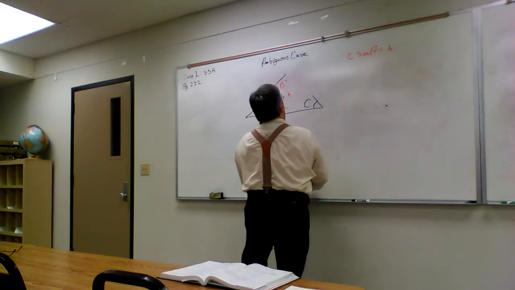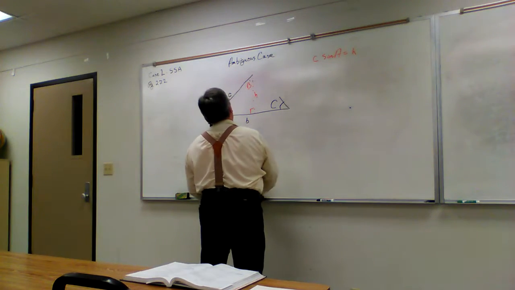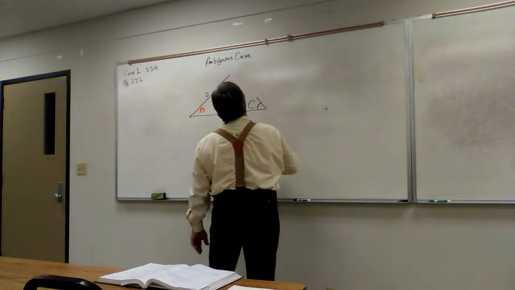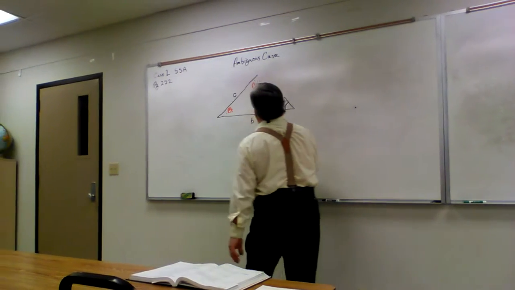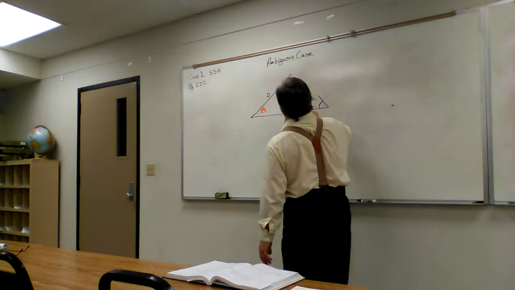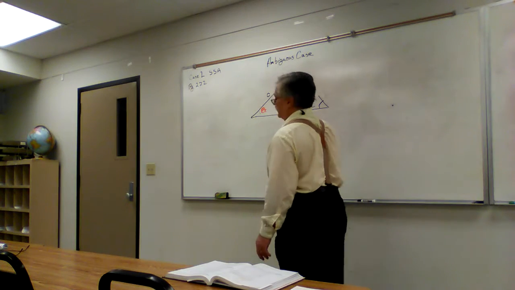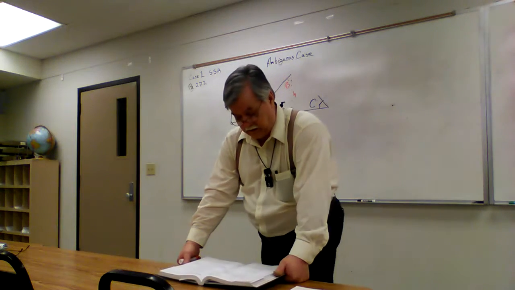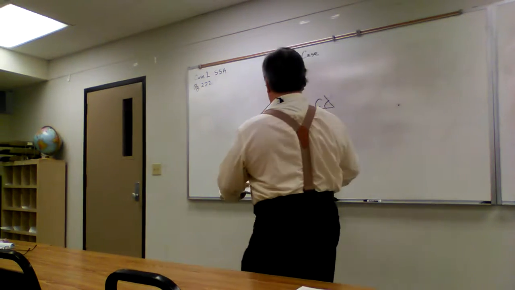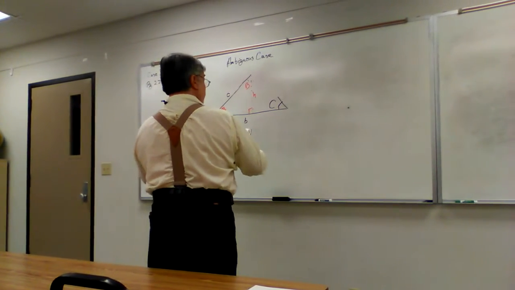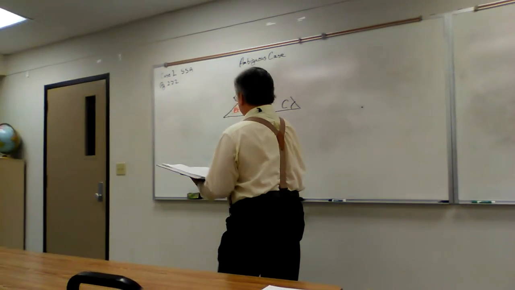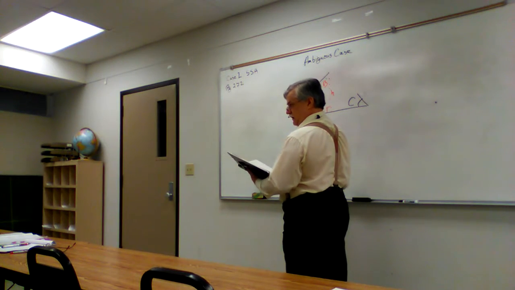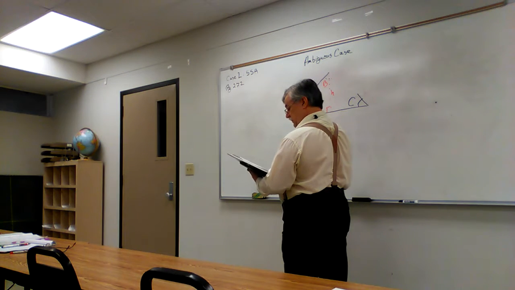So, what they're saying is, we know this angle. I'm on page 274. No, they've got the letters. I've been trying to stick with the same, calling the bottom B, this one C, and that side A, and the angles the same, and they've switched them around on me here.